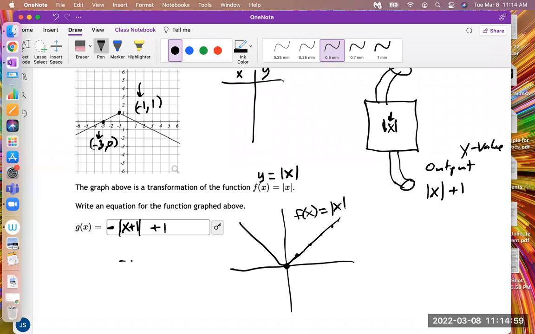So if we get -3 plus 1, -3 plus 1 is -2. Take the absolute value of -2, it's +2, and then we make it negative because of the negative sign out here. And then I get +1, which is not the answer that I wanted to get.